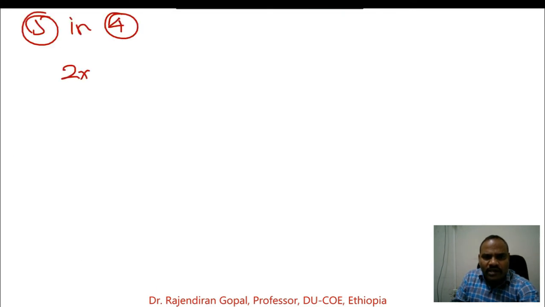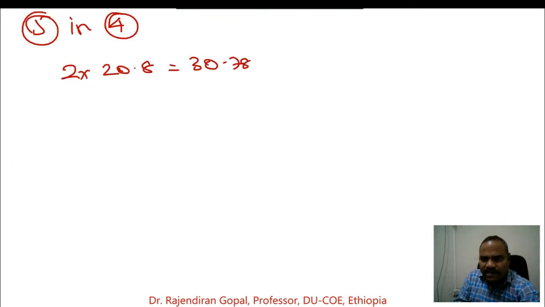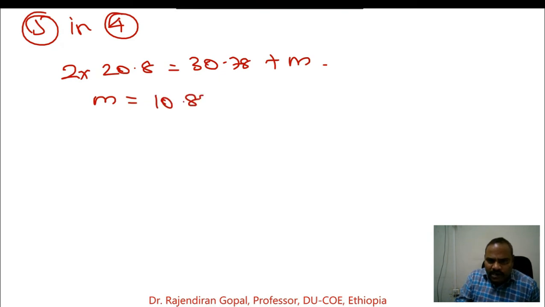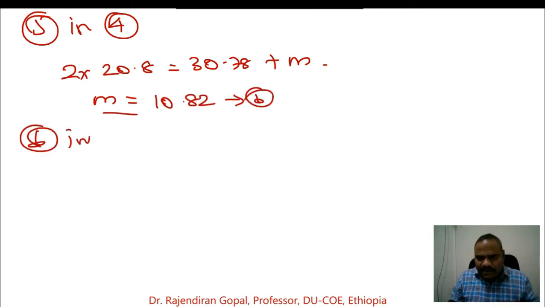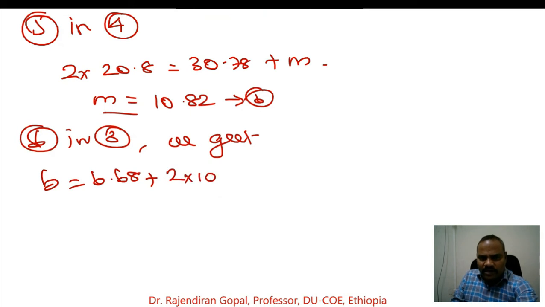We get 2 into 20.8 is equal to 30.78 plus M. Then M is equal to 10.82. This is equation 6. Now apply 6 in 3. We get B is equal to 6.68 plus 2 multiplied by 10.82. B is equal to 28.32.